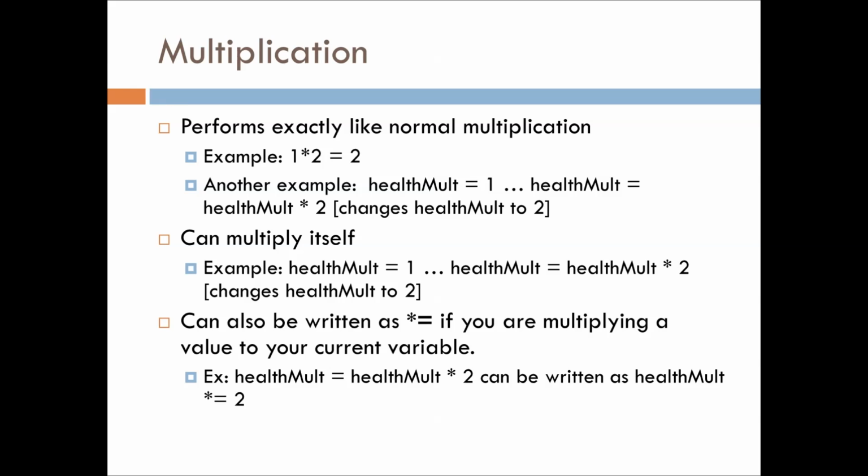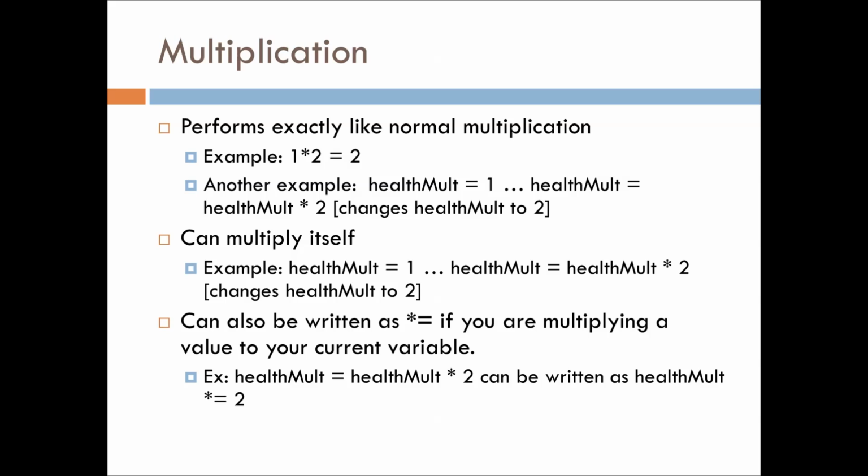Again, it performs exactly like normal multiplication. 1 times 2 equals 2, or health multiplier equals 1, and then you multiply it by 2, changes it to 2. You can multiply the variable to itself, like health multiplier equals health multiplier times 2.